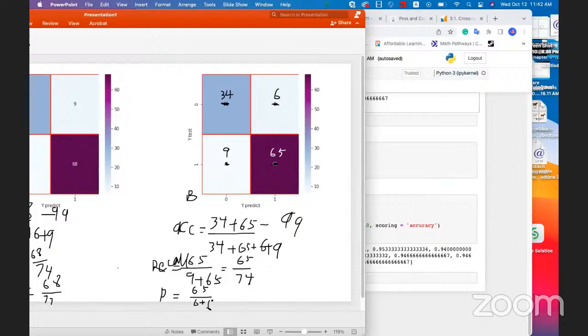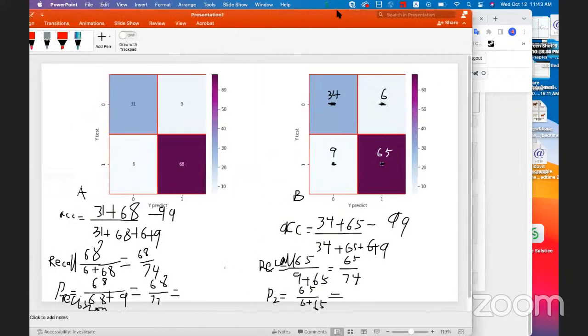With this number, I don't know how to calculate it, but actually this P2 is better. This P1 is smaller than this P2 actually. The P2 is better. I ran the calculator before the class. So this is better on precision, but for the recall score, the other one is better.